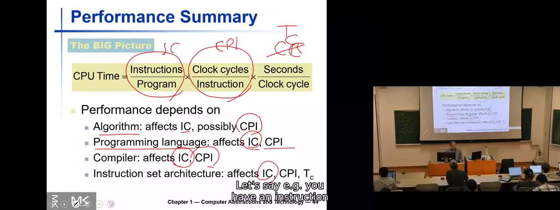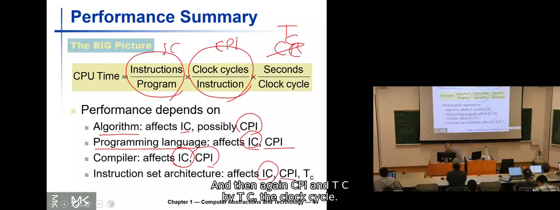Let's say, for example, you have an instruction which multiplies and adds, two things, so it will be one instruction, compared to the other instruction set which doesn't have this instruction. It has add separately, multiplication separately. So it is a different instruction count.